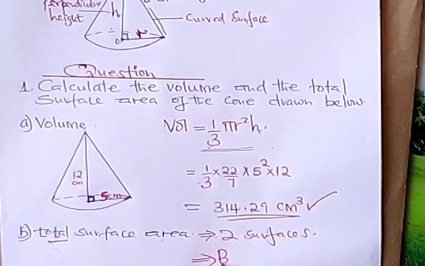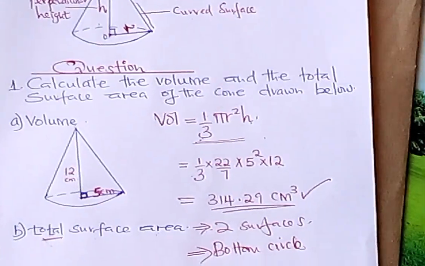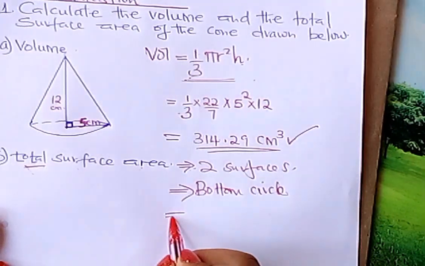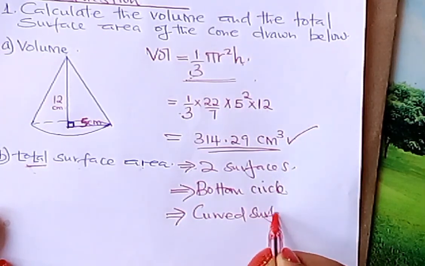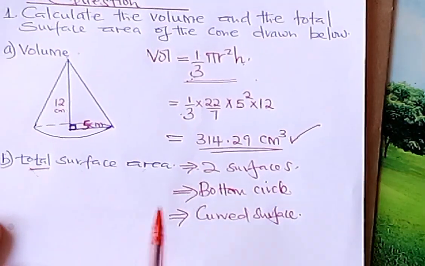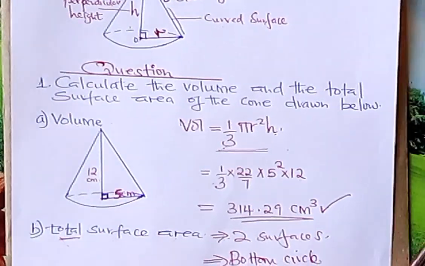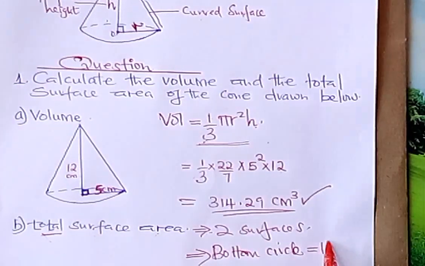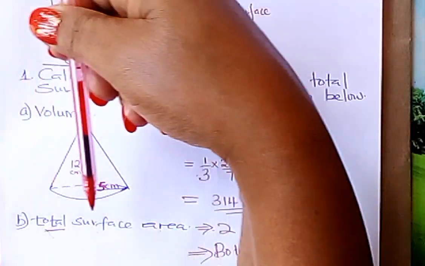One is the bottom circle, and the other is the curved surface. So learner, it is a matter of getting the area of the circle, which is got by pi r squared. We know the formula of finding the area of a circle. And then you find the area of the curved surface.